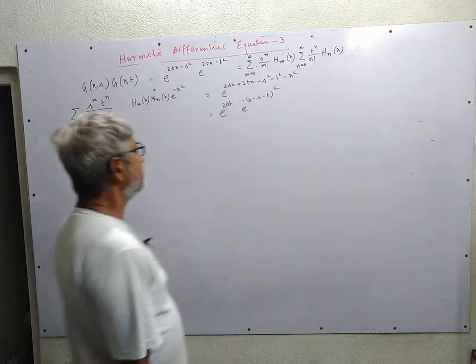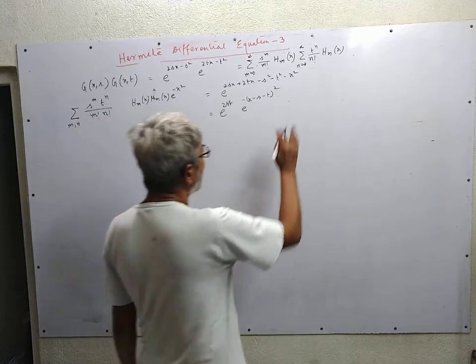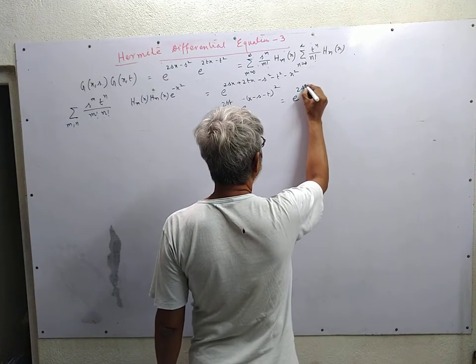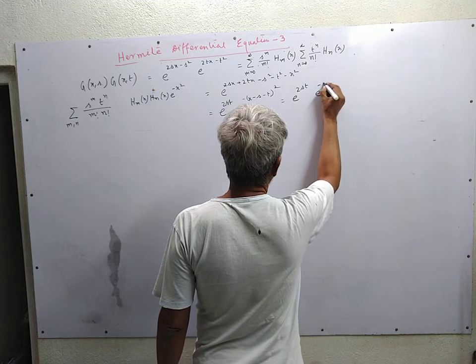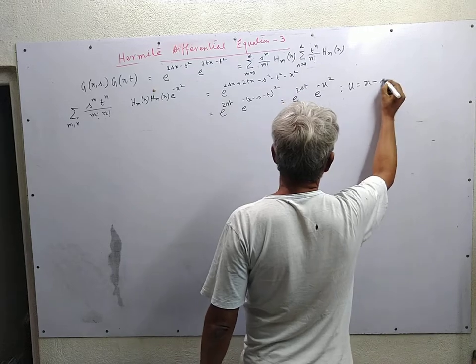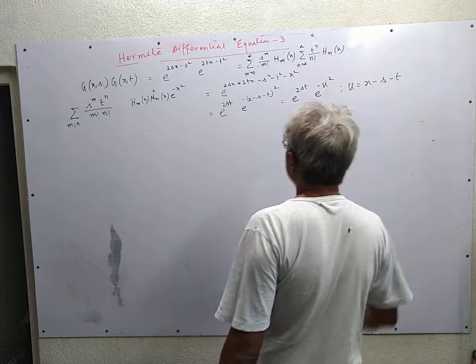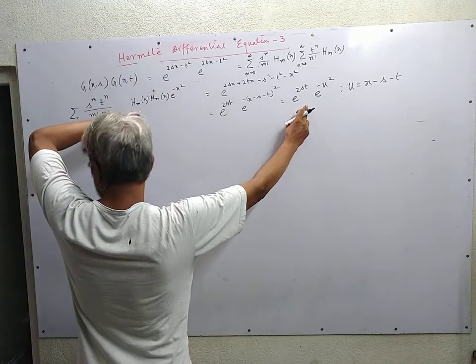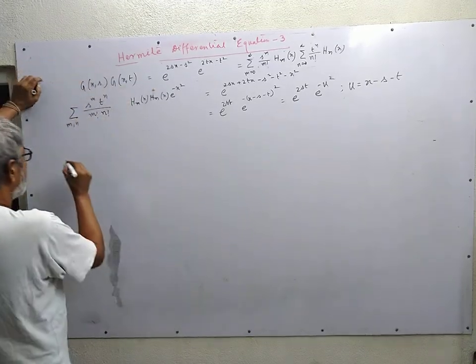Now we integrate both the sides. So we rewrite it as e to the power 2st e to the power minus u square, where u is equal to x minus s minus t. Then we integrate this result from minus infinity to plus infinity.